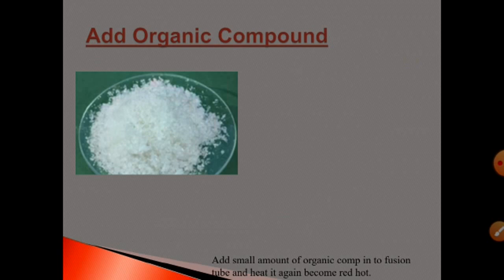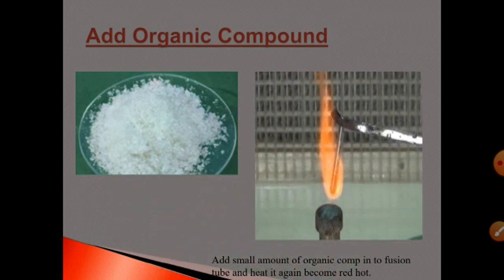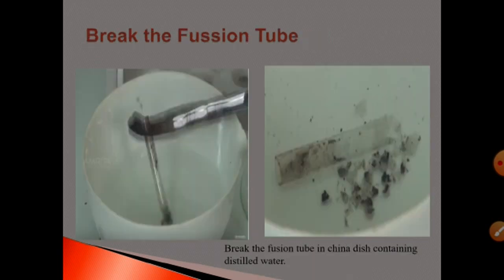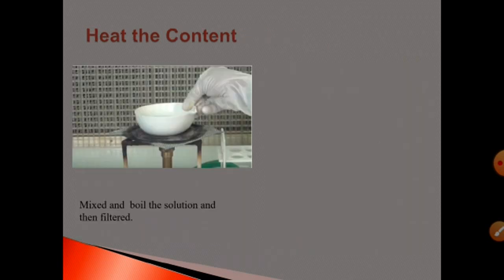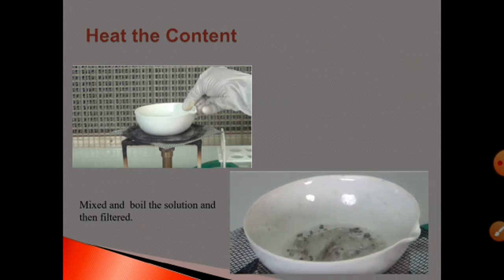Add a small amount of organic compound into the fusion tube and heat it again until it becomes red hot. Break this fusion tube in a china dish containing a small amount of distilled water, 20 ml of distilled water. Mix and boil this solution again until it reduces to 1/3 of its original volume.